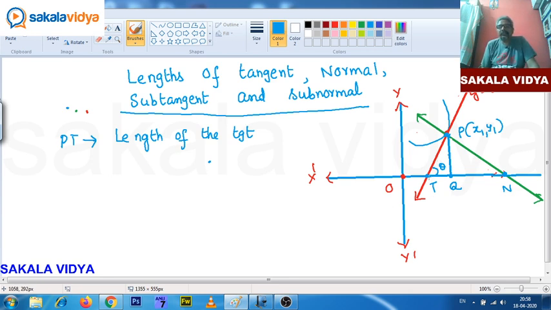Now this TQ is called the projection of PT on the x axis. That is why here TQ is called the length of the subtangent.